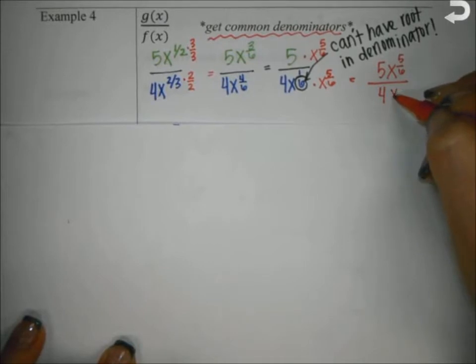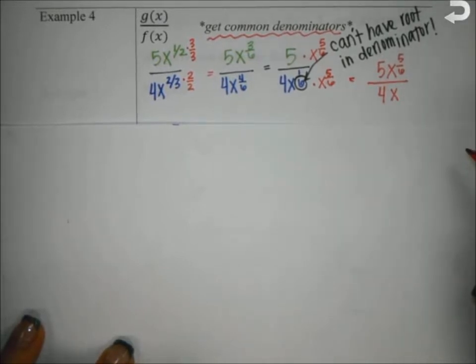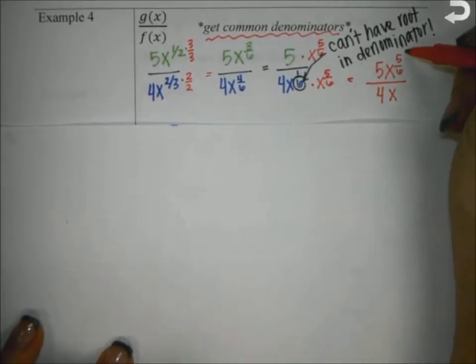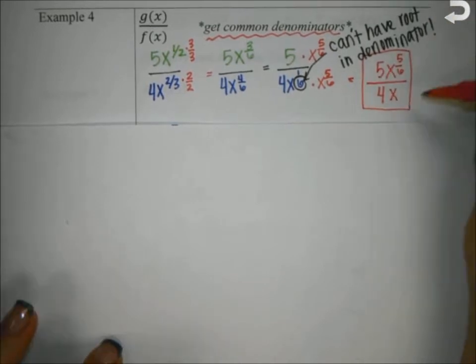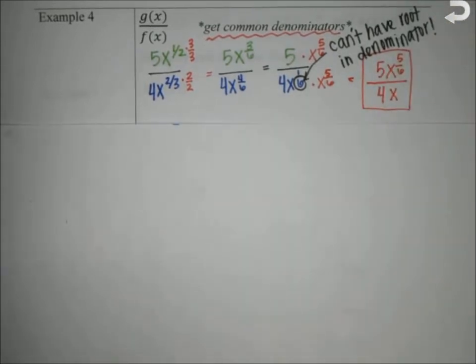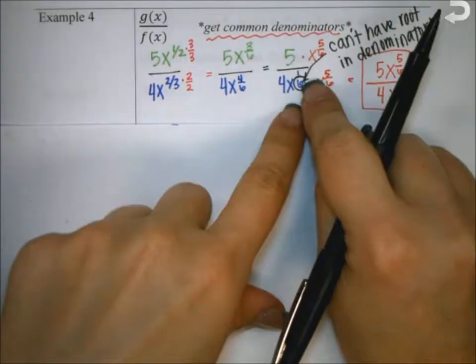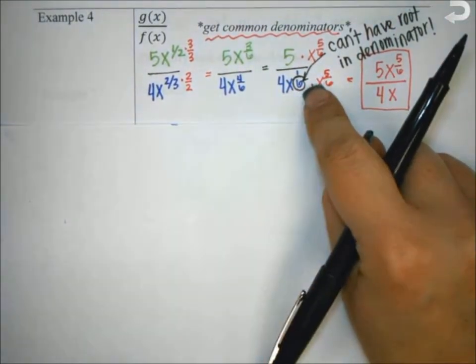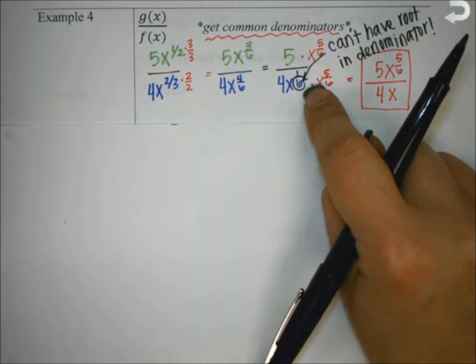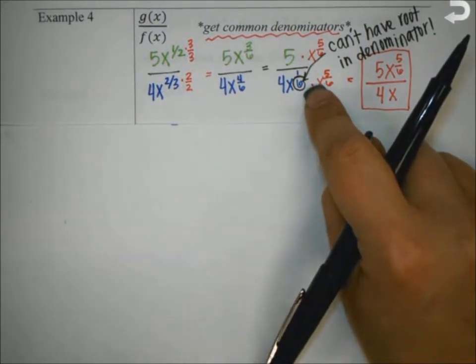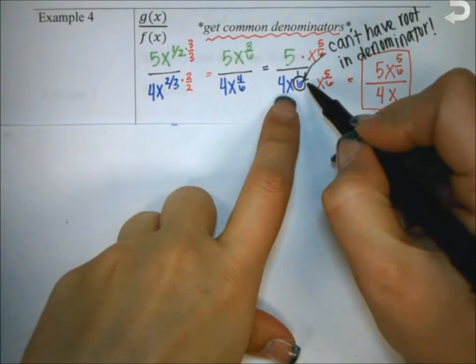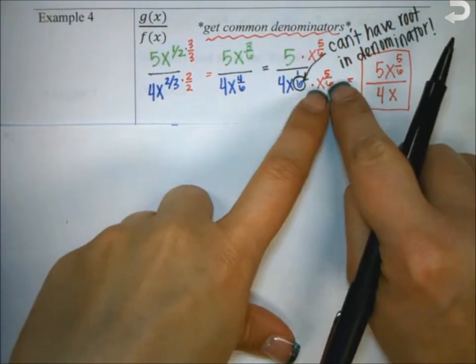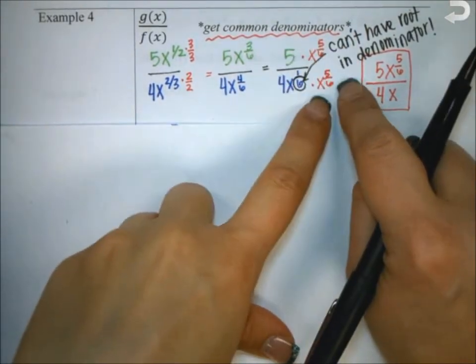Okay. So I have a root in the denominator, which I can't have, right? We've been doing this since the beginning of Unit 5. So I need to get rid of that root. When I multiply the numerator and the denominator by x to the 5/6, what does that give me in the denominator? x to the 1/6 times x to the 5/6 gives me x to the 6/6. And 6/6 is just 1.